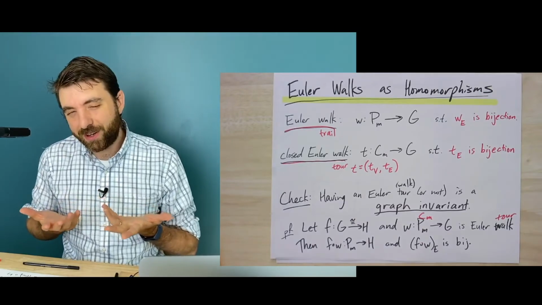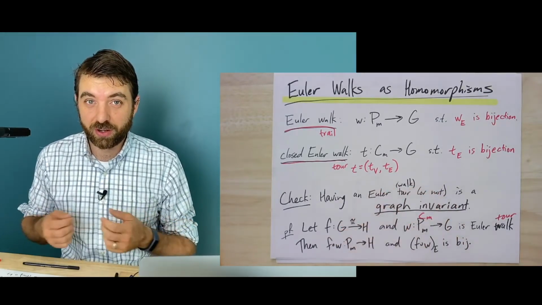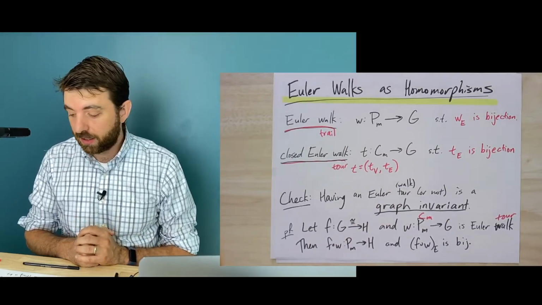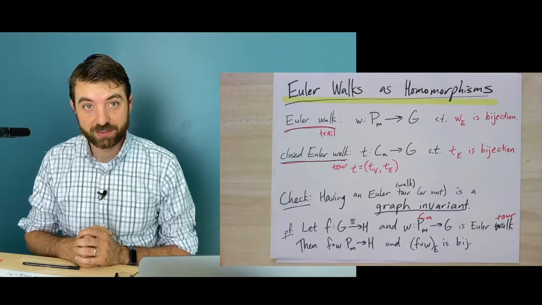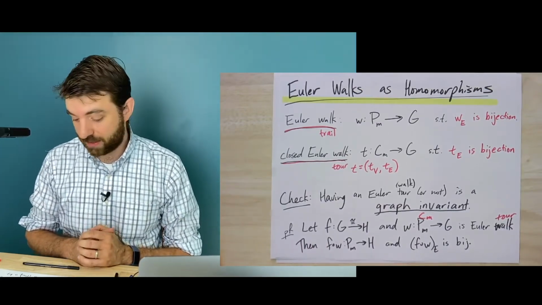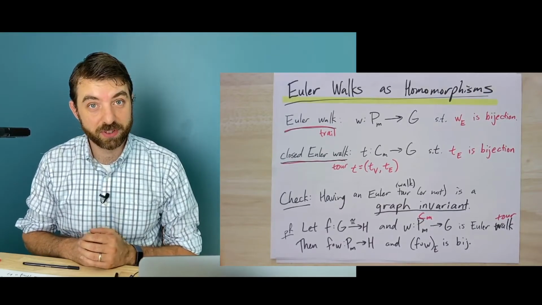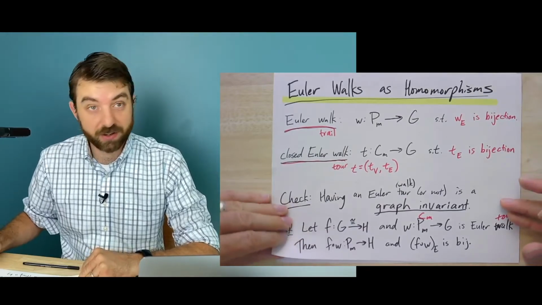And also, we should take this story of Euler as a good reminder that sometimes having another good abstraction allows you to do all kinds of things more simply, clearly, and correctly. And so in this case, this is really a beautiful abstraction for talking about Euler walks.